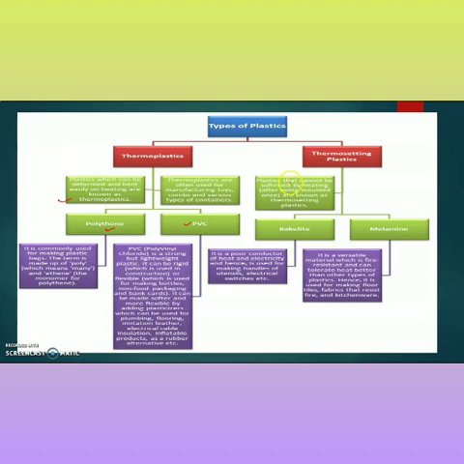Thermosetting plastics. Plastics that cannot be softened by heating after being molded once are known as thermosetting plastics. The common examples are bakelite and melamine. We have told earlier about bakelite.